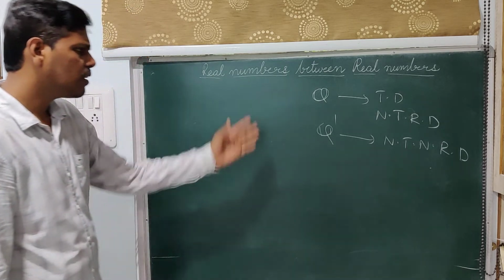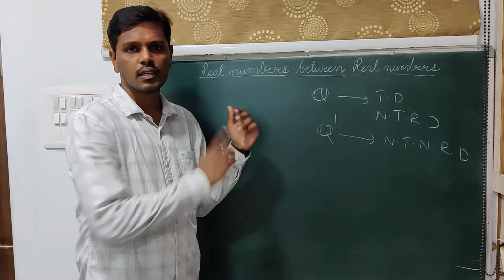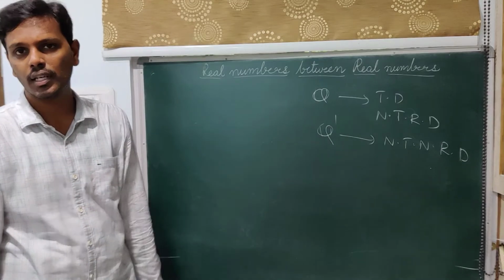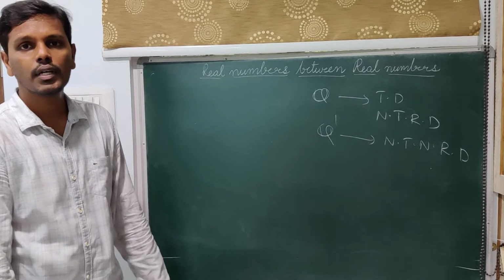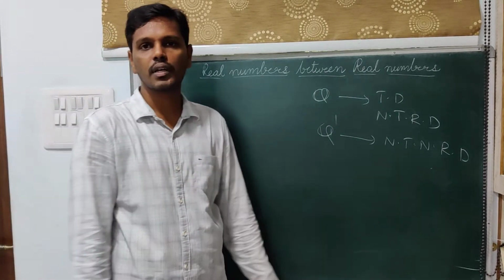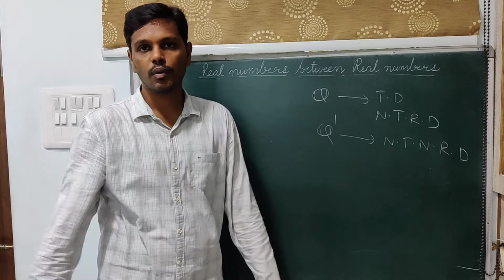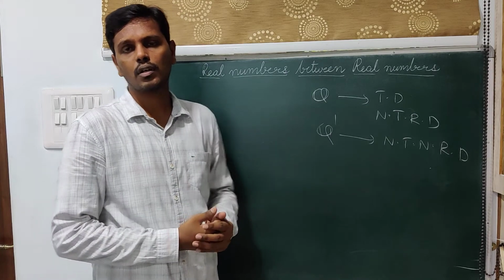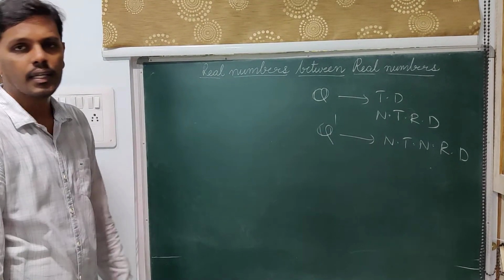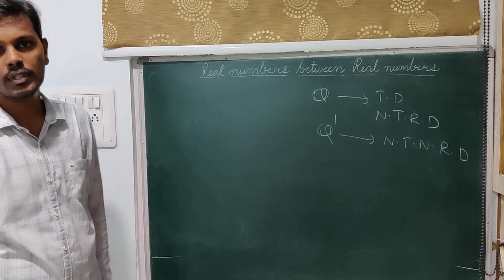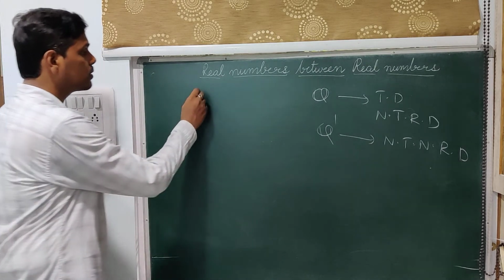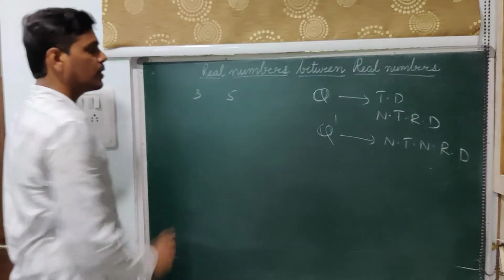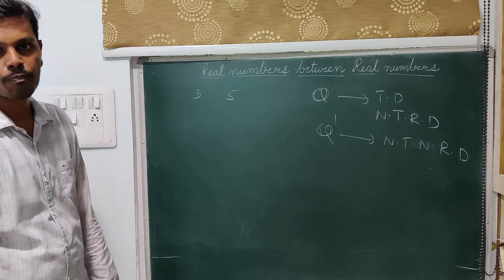Next, these are more general cases. This applies for every two given real numbers, and we can easily find the required number of real numbers using the decimal form. Suppose we are specifically interested in irrational numbers when two positive integers are given. For example, say 3 and 5 are two positive integers.